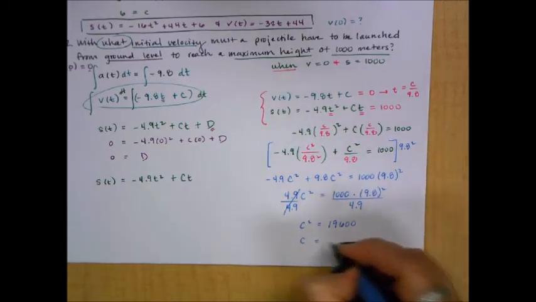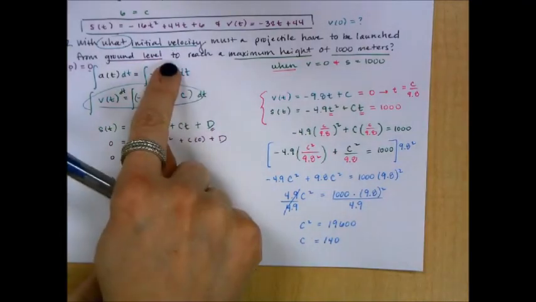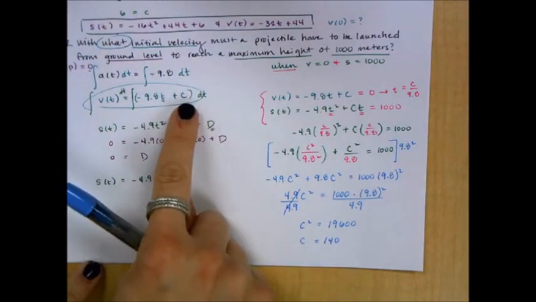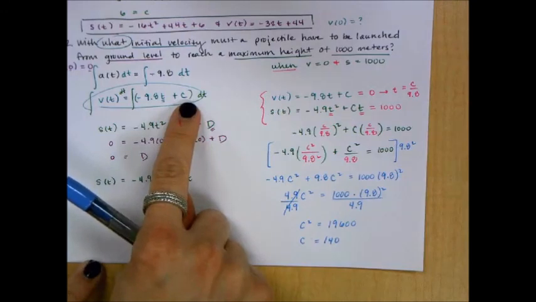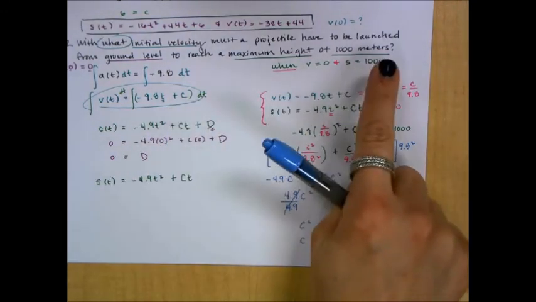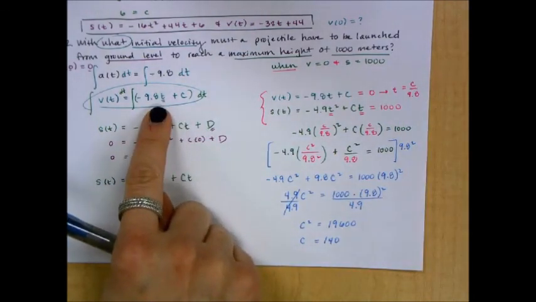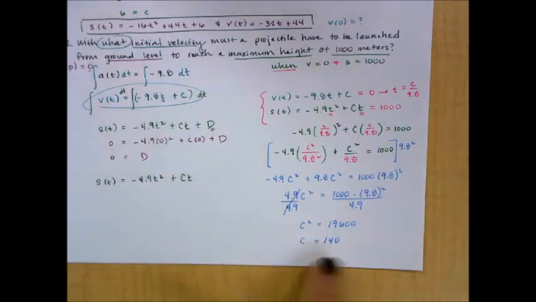All right, so now that I have this value, that's all it was asking for. What's the initial velocity? That was my constant of my velocity function. I only need to include my units. So if position is measured in meters and gravity is meters per second squared, velocity is meters per second. And that's the answer.